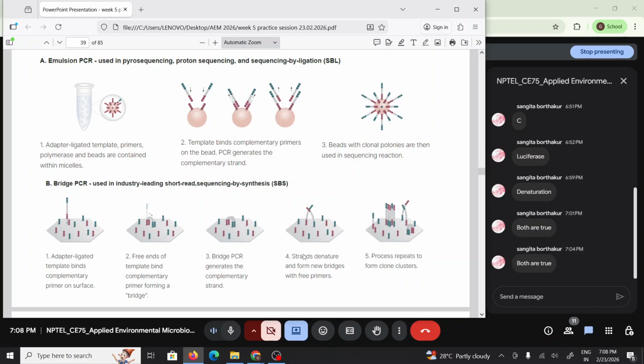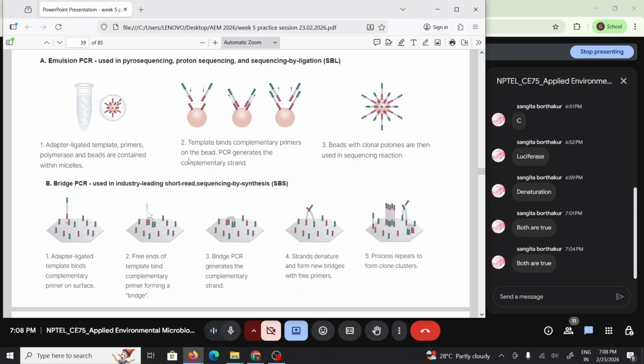You take primers, polymerase, and beads, everything within micelles. Micelles are small round structures that you can see, like these round structures. When you zoom into it, you can see that you have the adapter ligated template, primer, polymerase, and beads. So all these are present within the micelles.